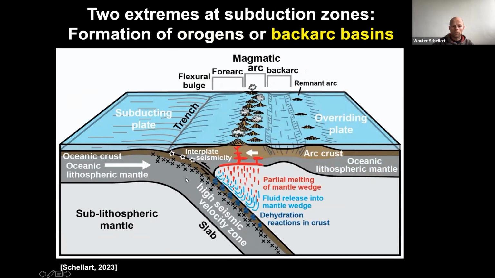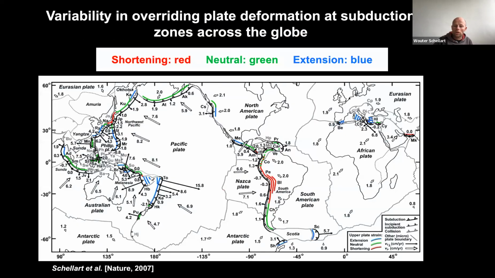So here we have the subducting plate, the overriding plate, the magmatic arc, and what we see quite often in nature is behind this magmatic arc, a back arc basin, which forms by crustal thinning, so horizontal extension perpendicular to the trench axis, and we also see normal faulting. So two end members, overriding plate shortening and overriding plate extension. The first one forms an orogen, like the Andes, and the other one forms a back arc basin.